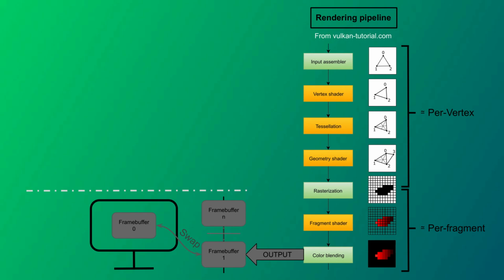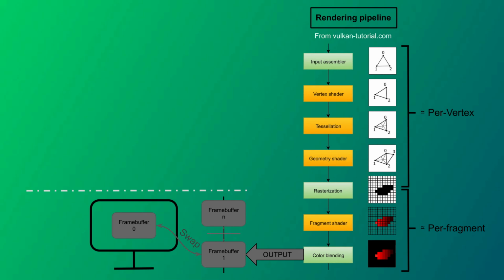A few shader stages are optional, like tessellation and geometry shaders, which will be the subject of future videos. And some other shader stages are non-programmable, which means OpenGL doesn't enable us to write these shaders. Only the vertex shader is required to be written in the graphics pipeline. For now, we'll focus on the vertex and fragment shaders.